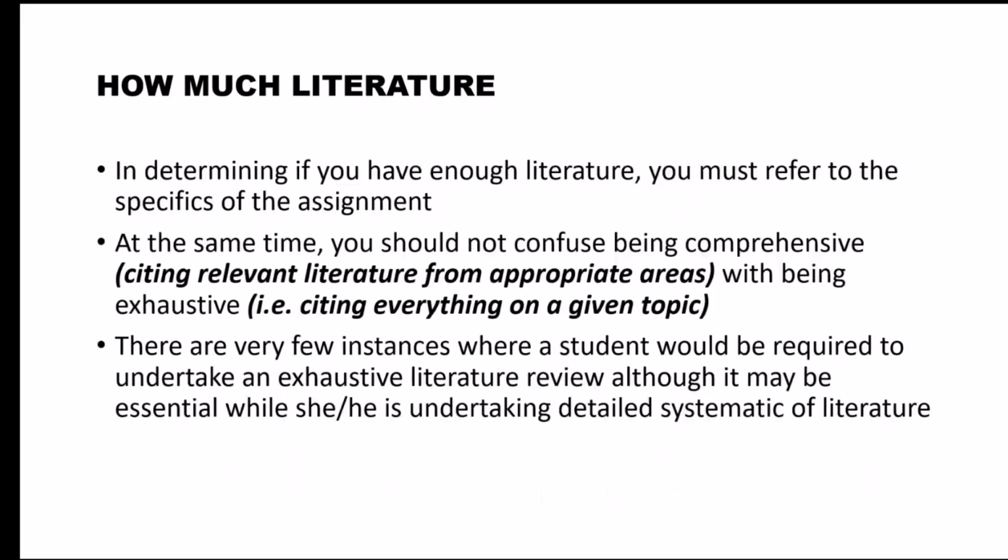In determining if you have enough literature, you must refer to the specifics of the assignment. I must remember I'm covering specific aspects. If I'm talking about conservation, I'm talking about natural resources and the biophysical environment. You've got biodiversity, you've got the non-living part of the environment, your water and your soil, although in them you do find life.